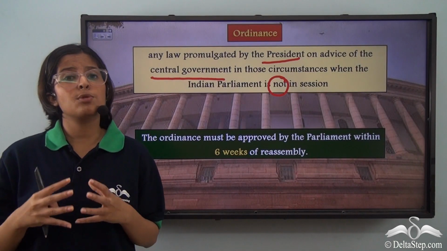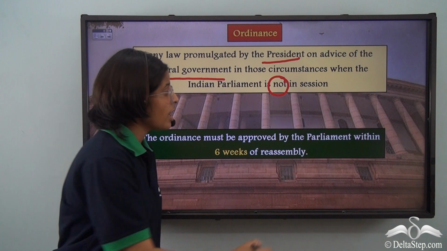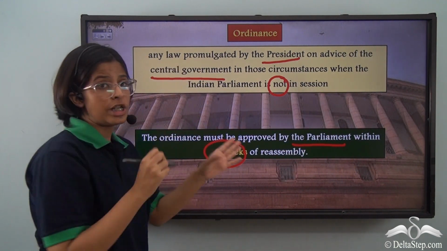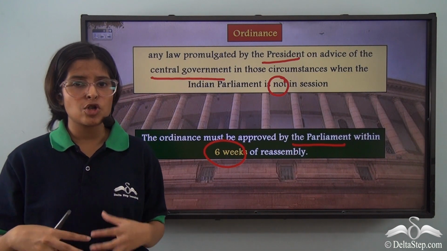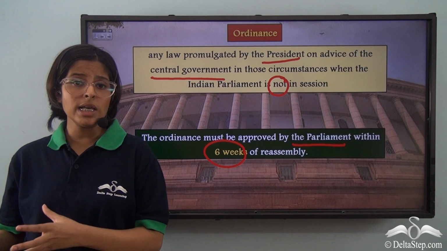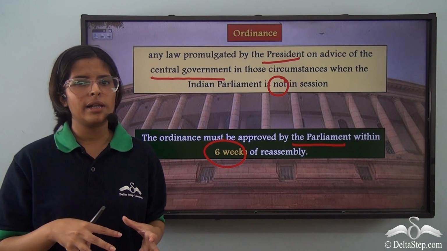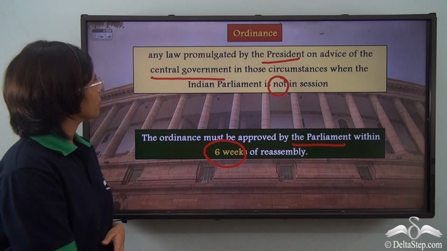It also has to be noted that an ordinance must be approved by the parliament within 6 weeks of reassembly. So, when the parliament is back in session again, within 6 weeks, the ordinance has to be approved by the parliament. Otherwise, it will cease to exist.